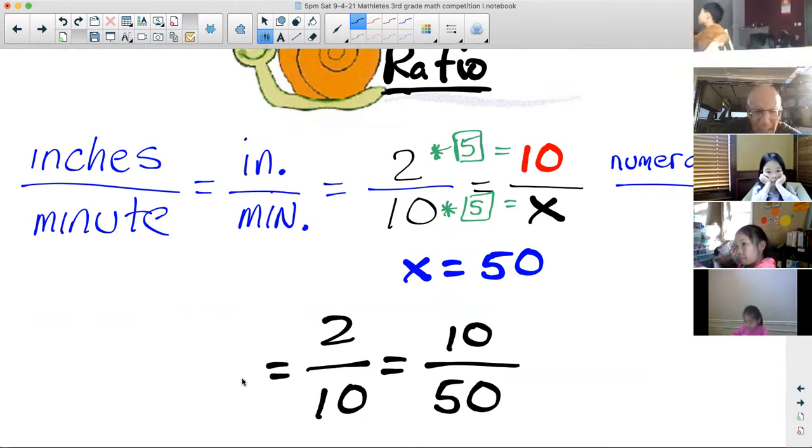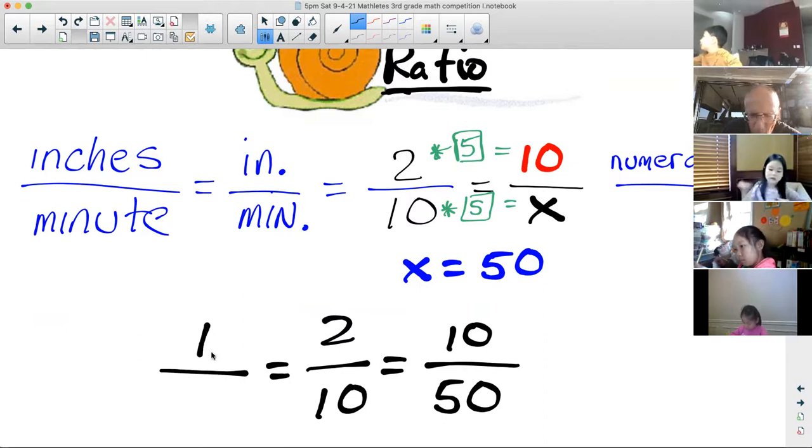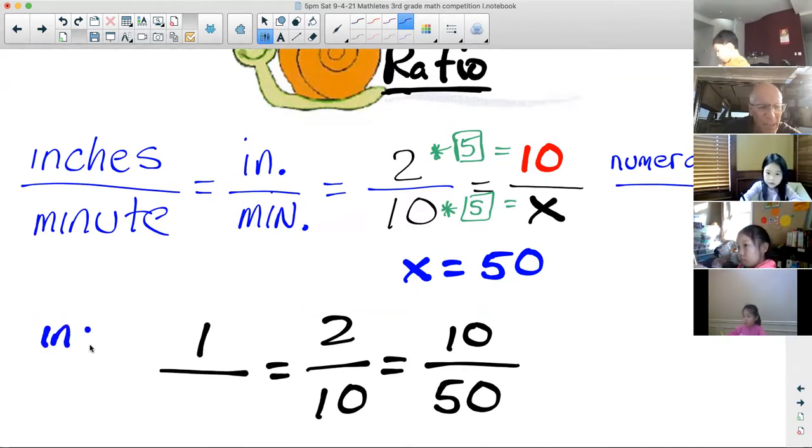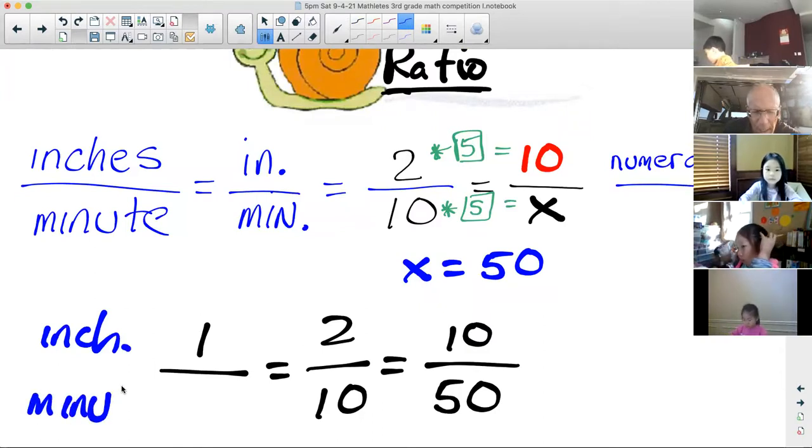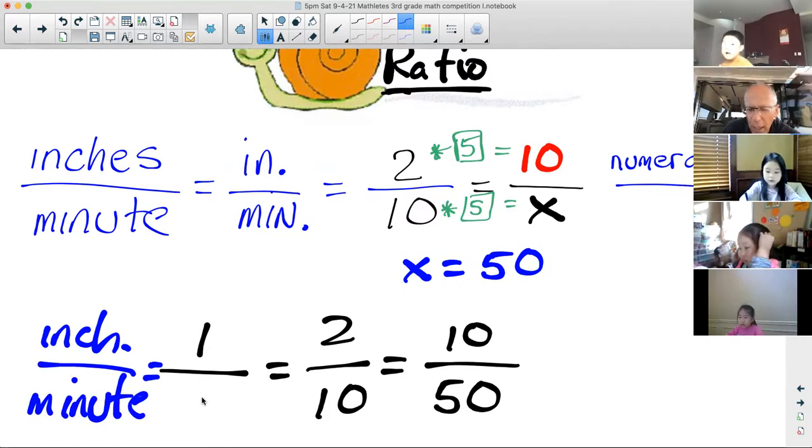How many minutes would it take to crawl 1 inch? How many minutes would it take the snail to crawl 1 inch? On 3, everybody. 1, 2, 3, go. 1 over 5.